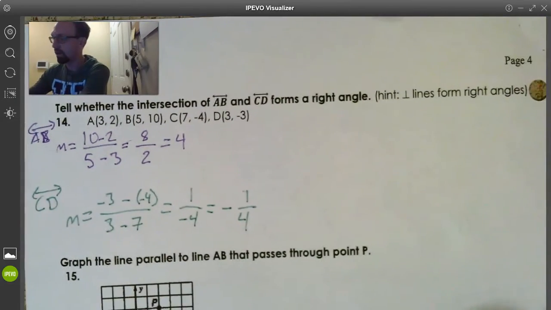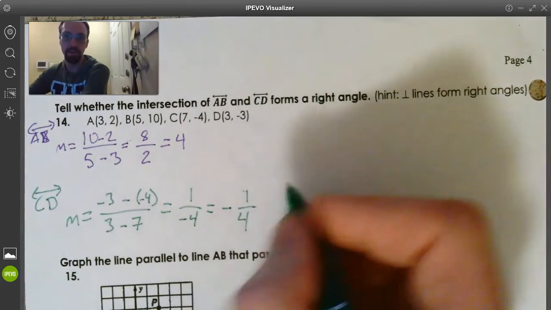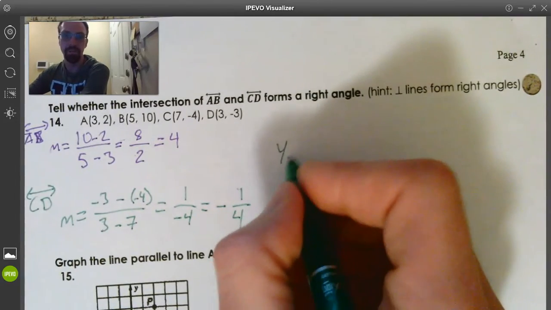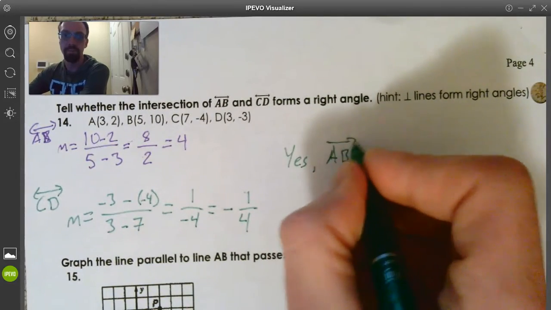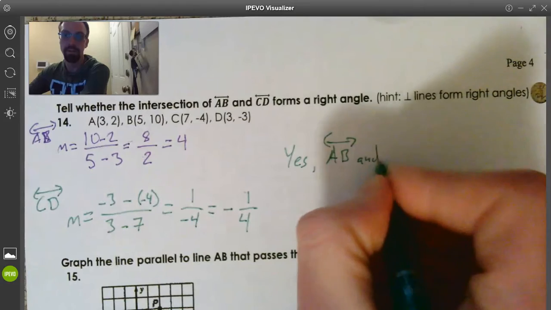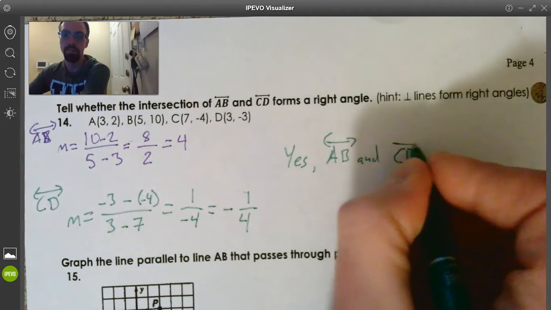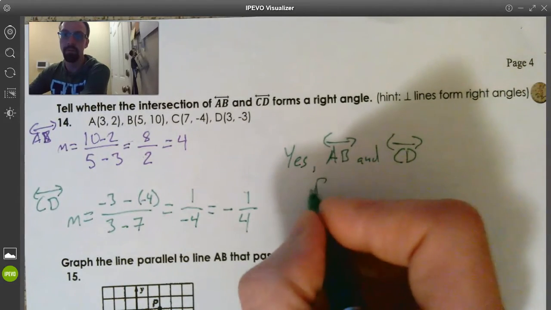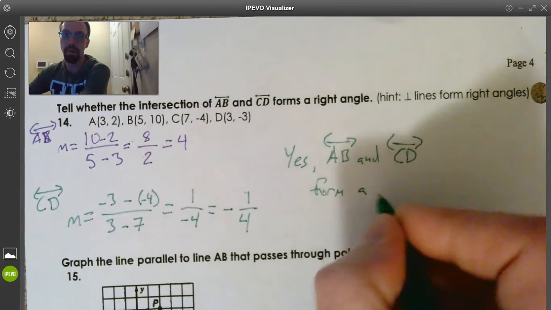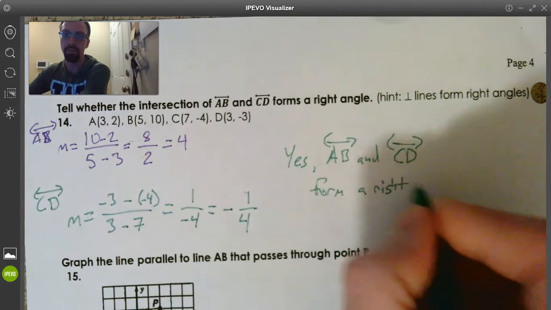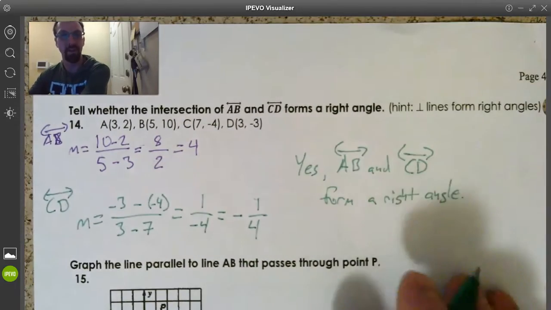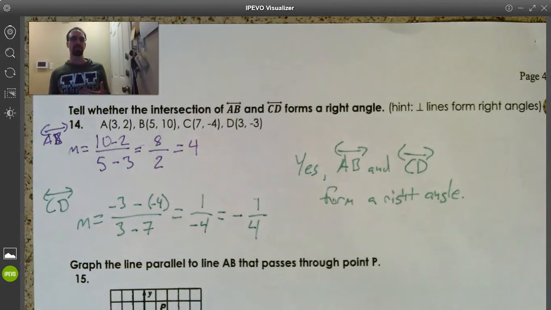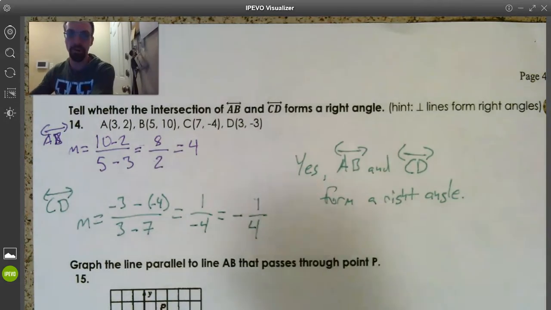So these are in fact perpendicular, and they form a right angle. Yes. Lines AB and CD form a right angle. Now, I could say that they're perpendicular, but that doesn't answer the question, and the question wanted us to find if they were a right angle or not. So make sure you're always going back and referring to what the question is asking.